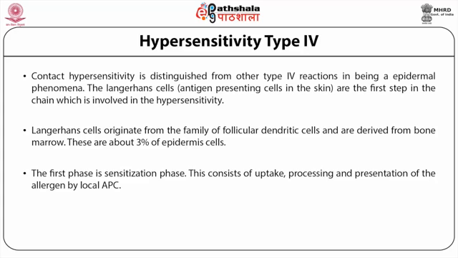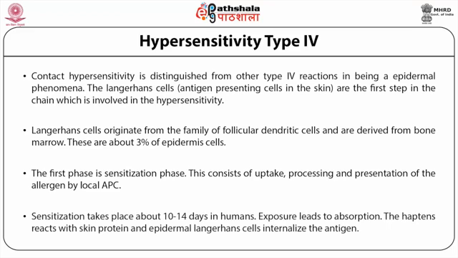The first phase is sensitization phase. This consists of uptake, processing and presentation of the allergen by local antigen presenting cells. Sensitization takes place after 10 to 14 days in humans.